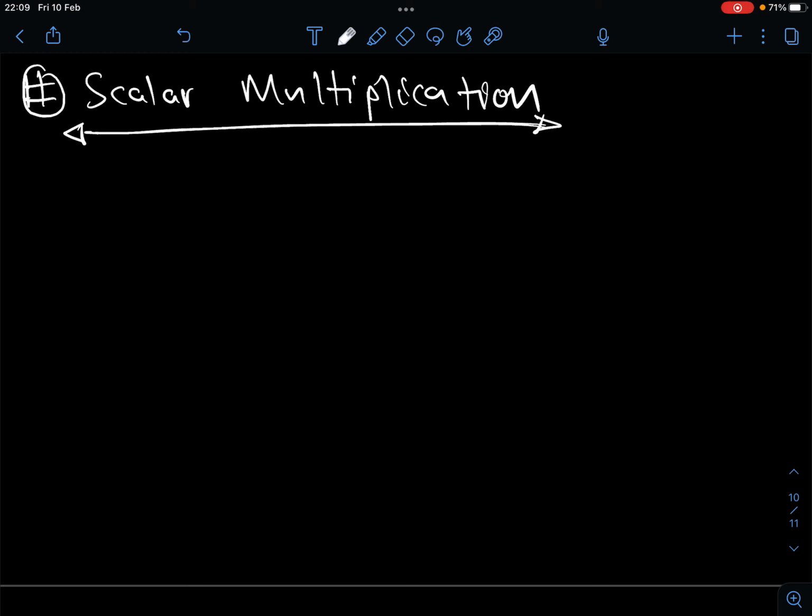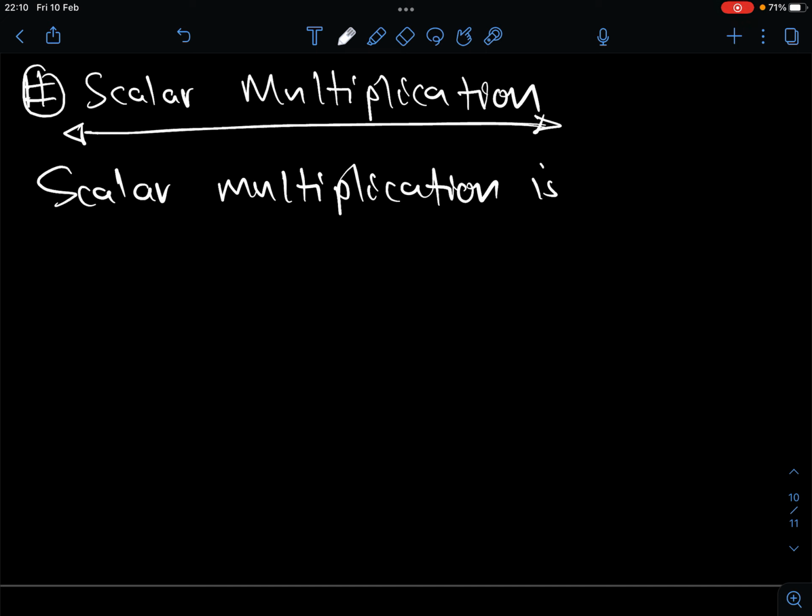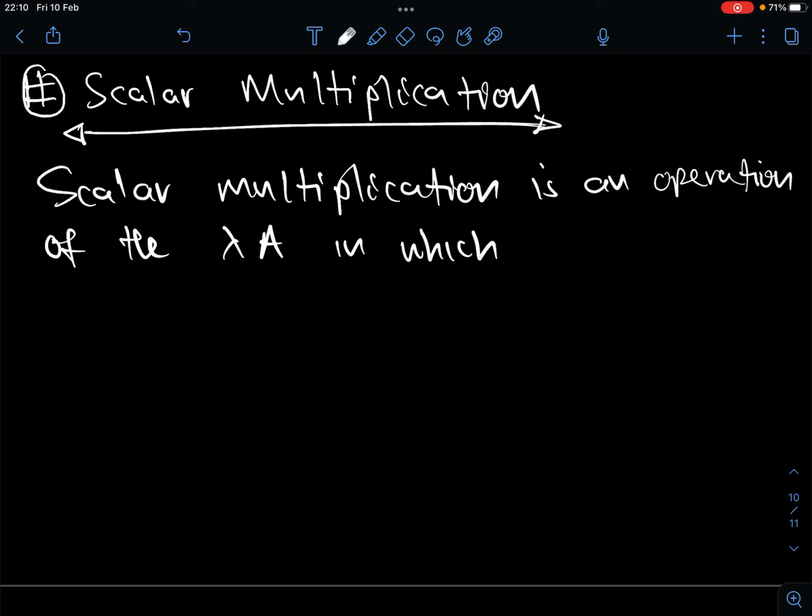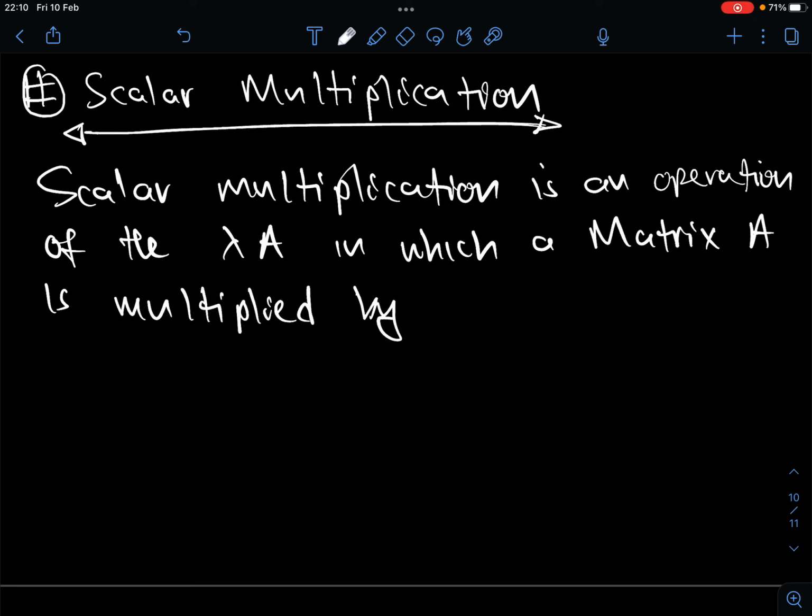So scalar multiplication is an operation of the form lambda A, in which matrix A is multiplied by some real number lambda, as you can see there.